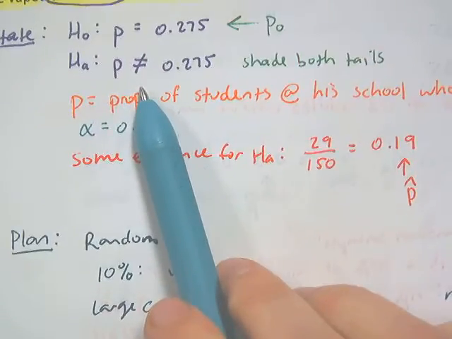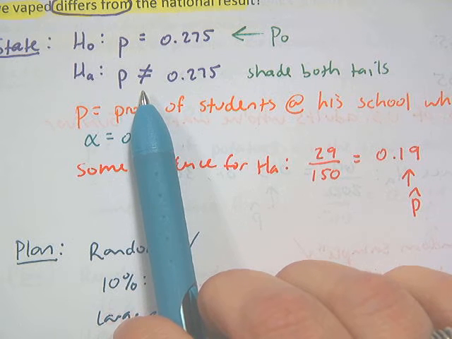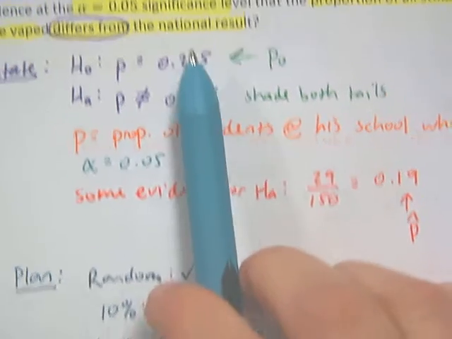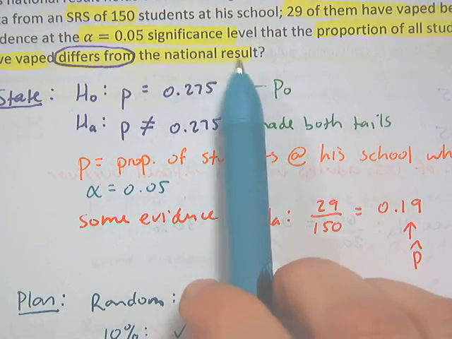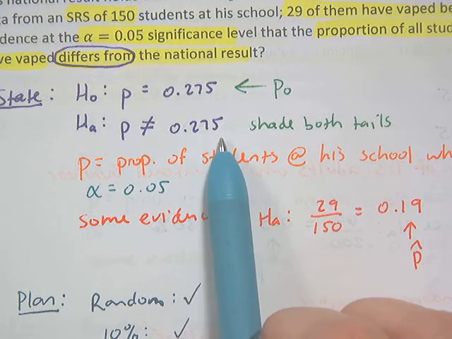Reference it. That the proportion or percentage of students at his school who vape is different from the national result. Or you could put different from 27.5%.